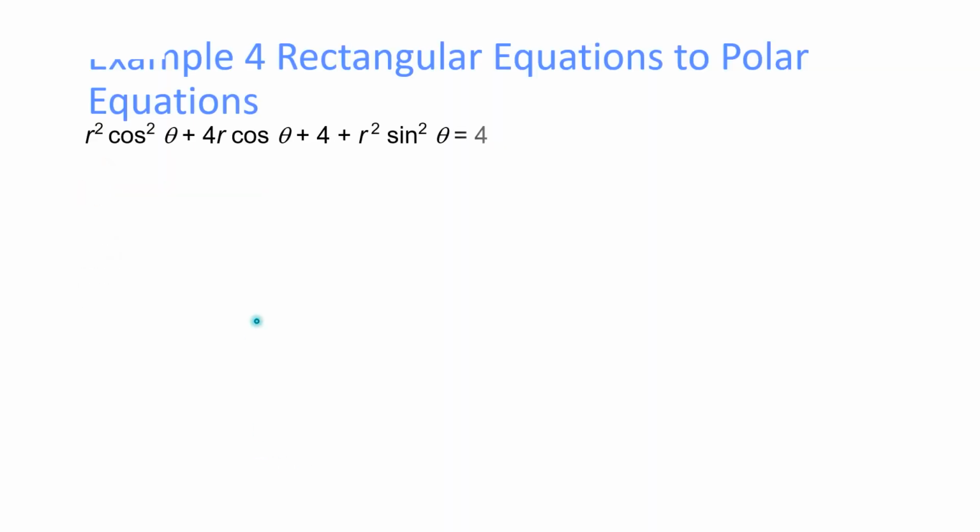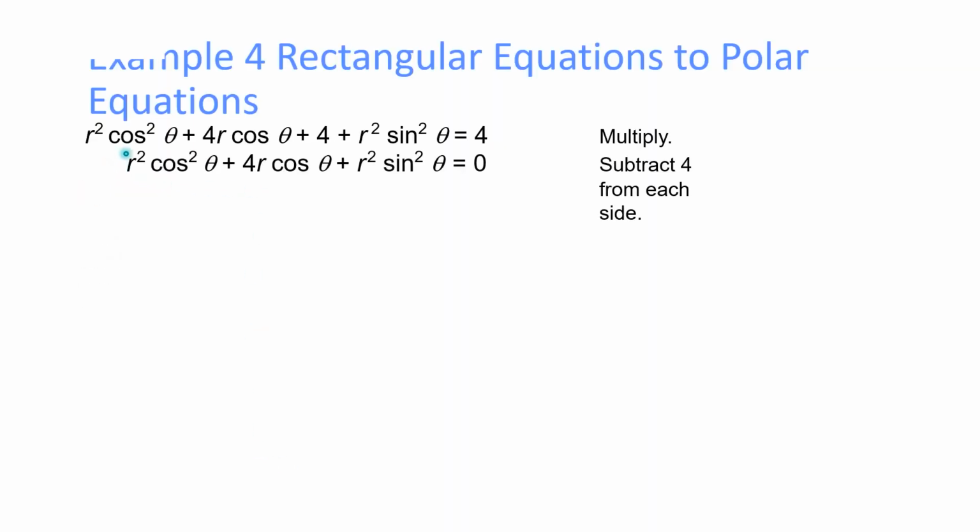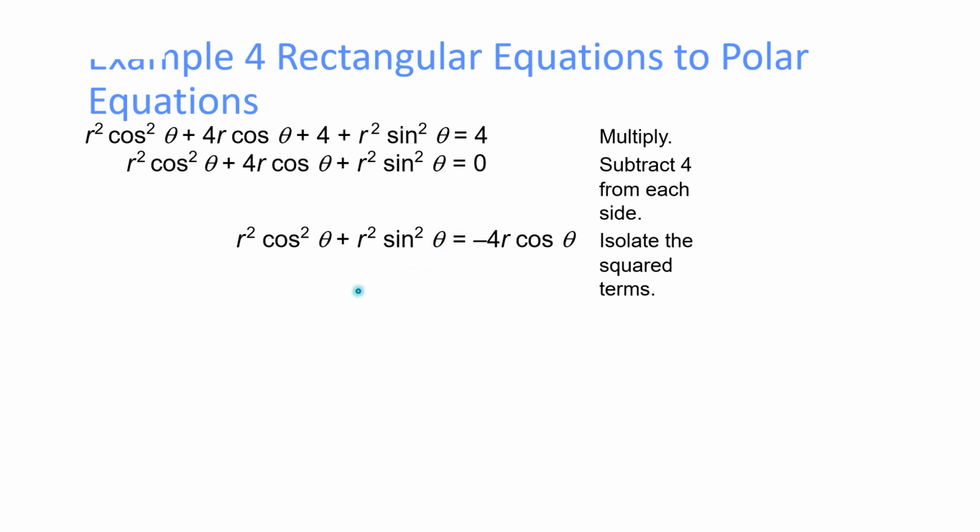When you expand this, you get r squared cos squared theta plus 4r cos theta plus 4, plus r squared sin squared theta equals 4. Subtract 4 on both sides, so you get r squared cos squared theta plus 4r cos theta plus r squared sin squared theta equals 0. Then subtract 4r cos theta on both sides.